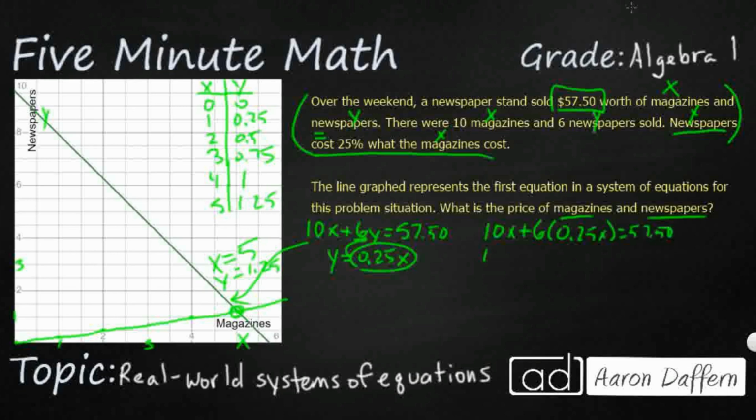That's going to be 10x plus 1.5x equals 57.50, so that's 11.5x equals 57.50. Let's divide both sides by 11.5, and you're going to get x equals 5. So that does check out.